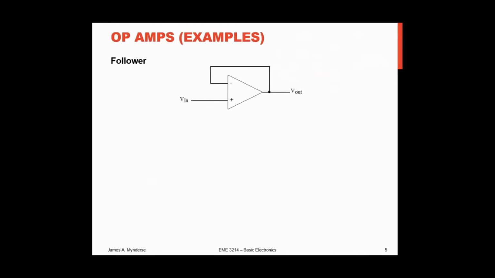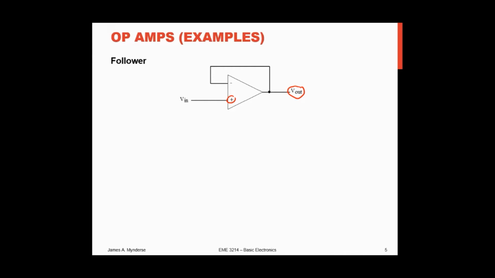So, let's move on. We'll apply a very simple application here, as a voltage follower. We have our positive input here connected to our input voltage from wherever it comes from. Our output voltage is connected to wherever it goes.